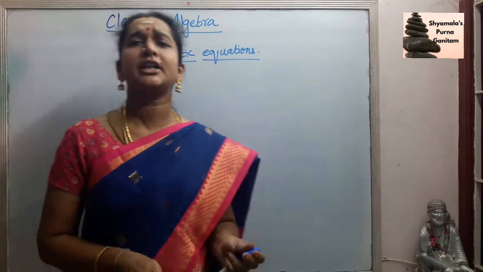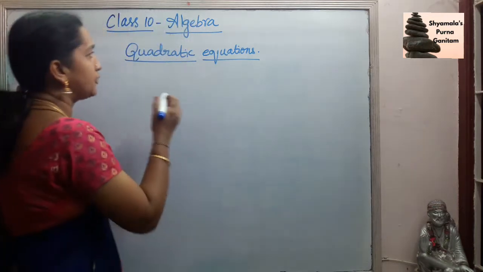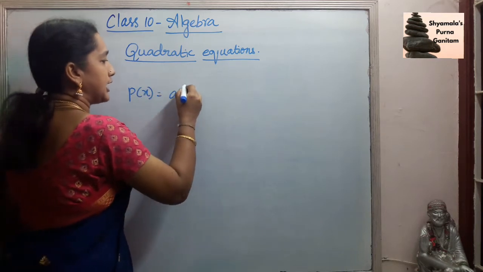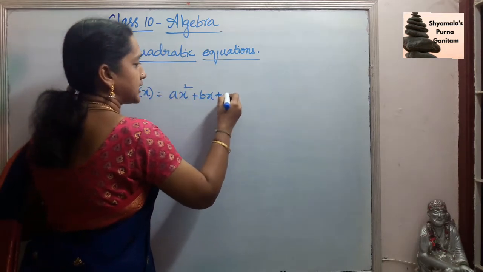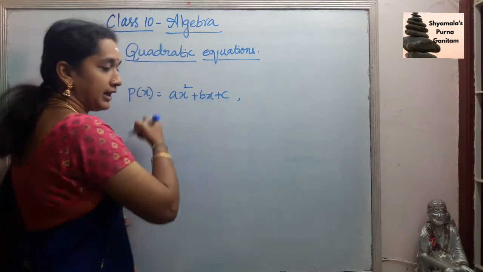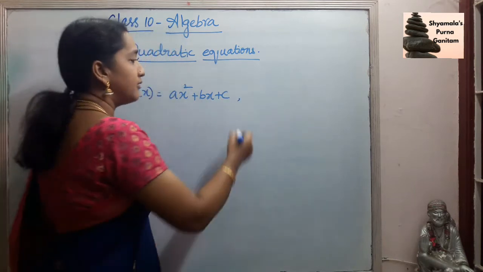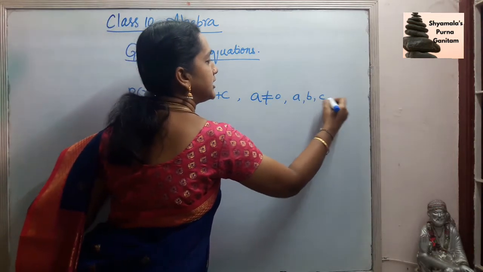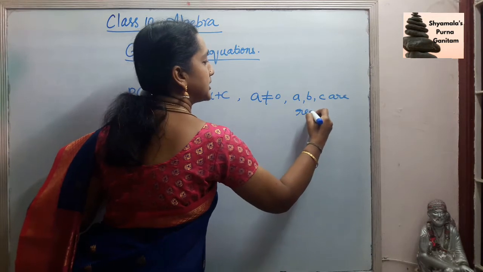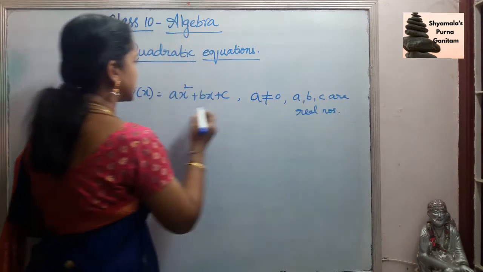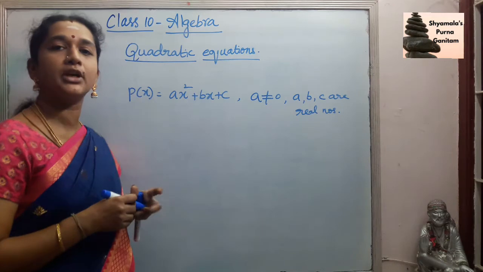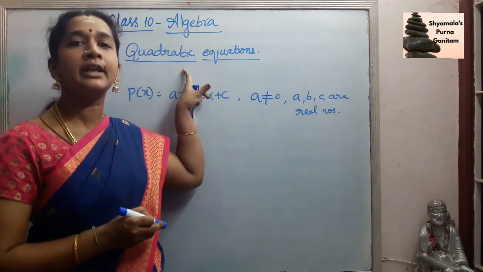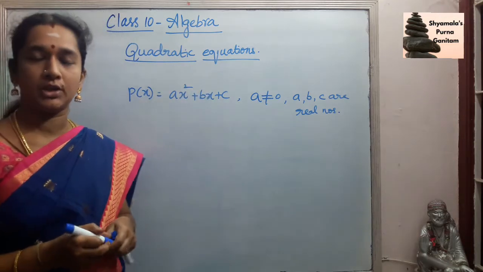The general form of the quadratic equation is P of x is equal to ax squared plus bx plus c, where a is not equal to 0 and a, b, c are real numbers. So this is the general form of the quadratic equation.